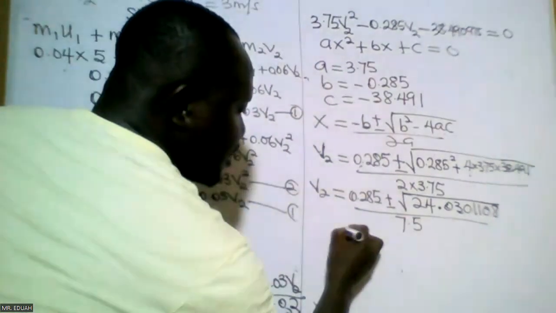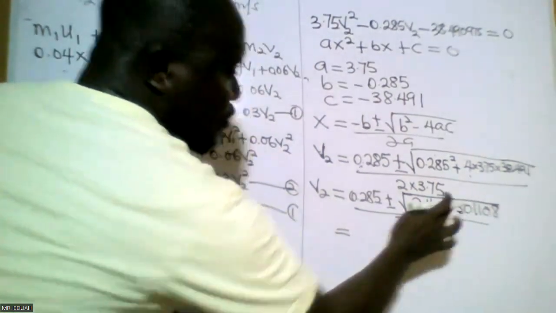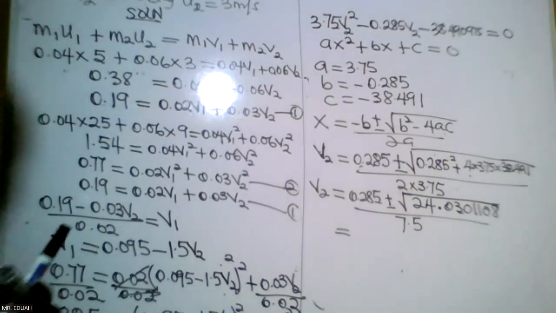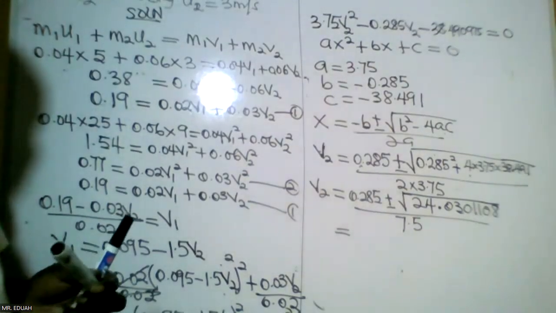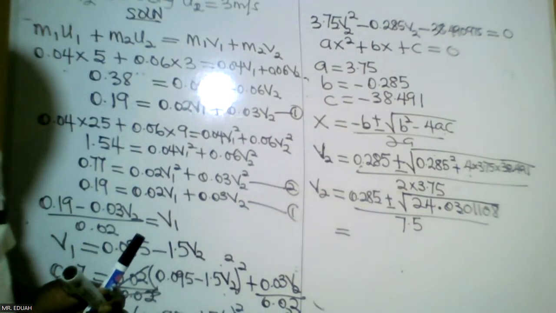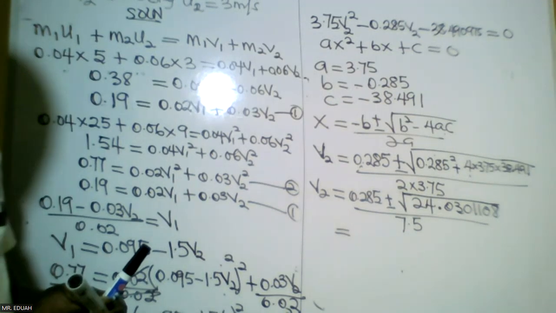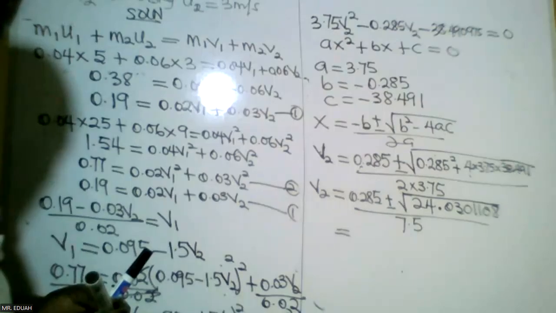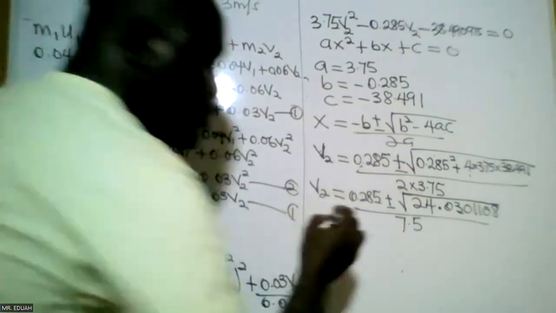So divided by 3.75 times 2, which is 7.5. So let's take the square root of what is under the bracket. What's the square root of 24.03? I guess this will be 4 point something. 4.902.